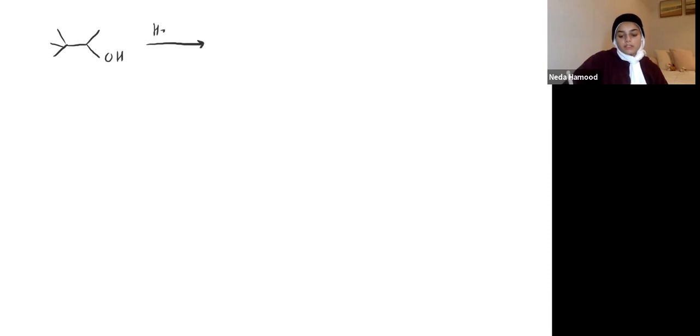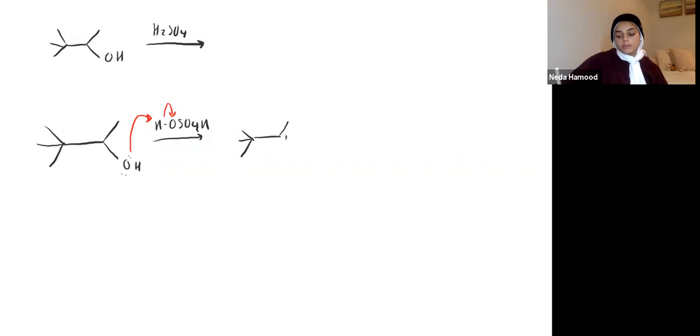And then you have H2SO4. So pretty much it would look like you have HOSO3H. This is going to go ahead and grab that hydrogen over there so that you're able to make water a better leaving group.